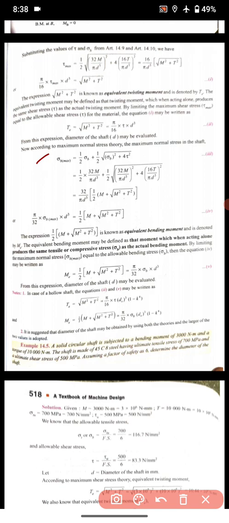So sigma b maximum is equal to 1/2 (sigma b plus the square root of sigma b square plus 4 tau square), and this gives pi by 32 sigma b max d cube equal to 1/2 (M plus the square root of M square plus T square). So the expression 1/2 (M plus the square root of M square plus T square) is known as the equivalent bending moment, and it is denoted by ME.